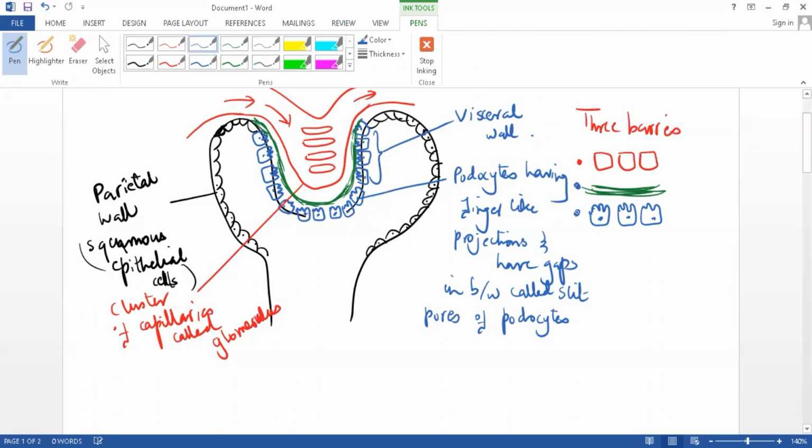So these are the three barriers which blood has to cross while coming into the glomerulus.